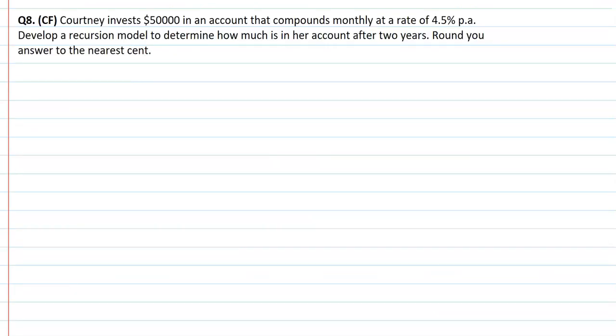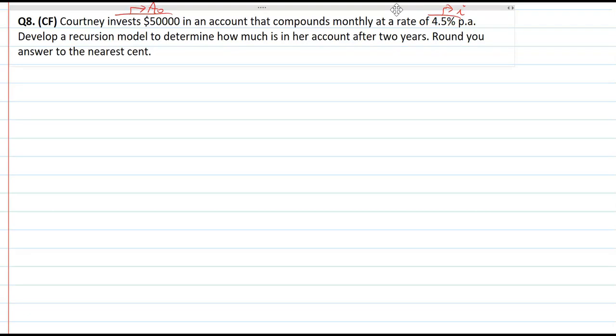Okay, so finally working through Courtney's problem. She is investing $50,000, so that's my principal amount, my A0, compounding monthly at a rate of 4.5%, and also considering our K value of 12.